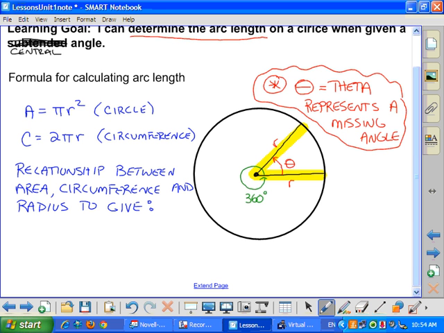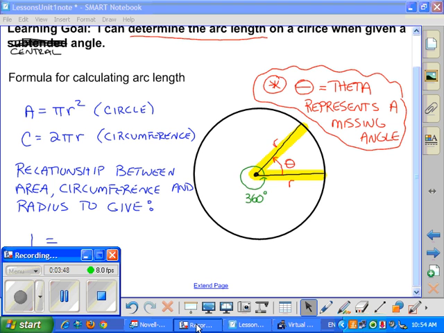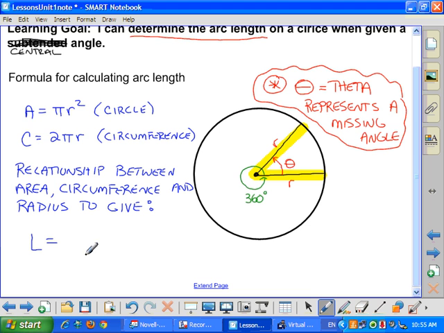Okay, so we're going to use capital L for arc length. The resulting formula would be pi r theta over, or divided by, 180 degrees, or pi times radius times the angle divided by 180. Okay, so there is our formula.